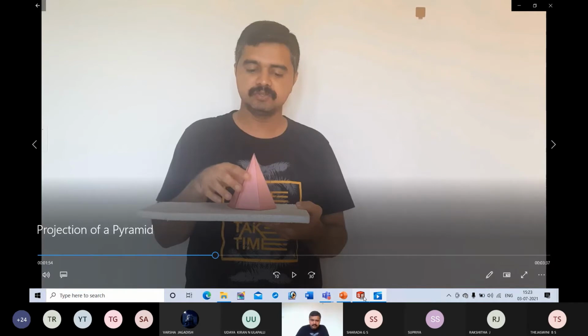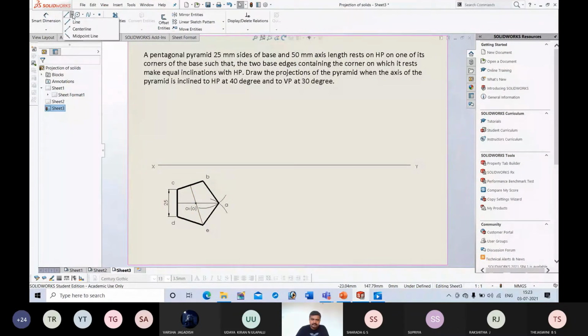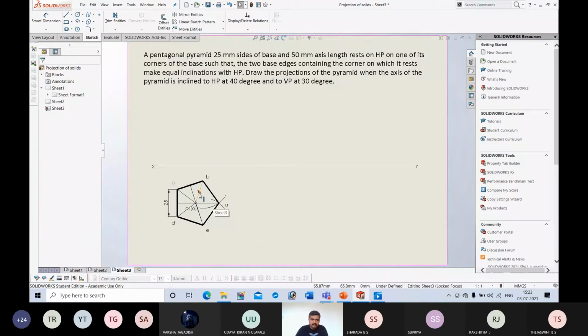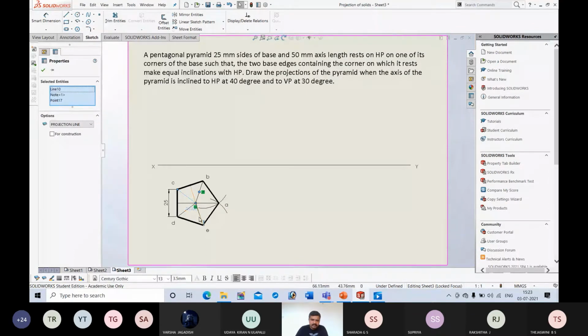Okay, now I am able to locate the center. Now I should represent slant edges. That means I should connect all corners to center. Okay, this C2 O. Now I will increase the thickness since these are slant edges, so they must be represented in thick lines.